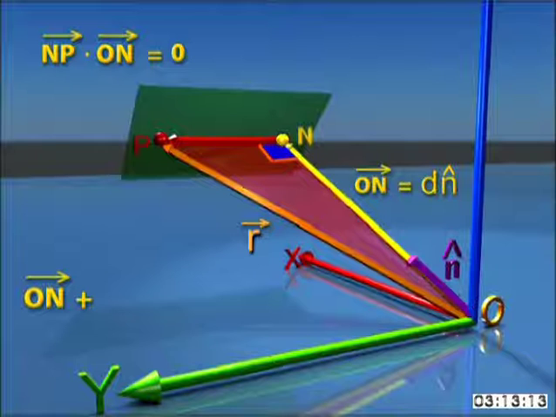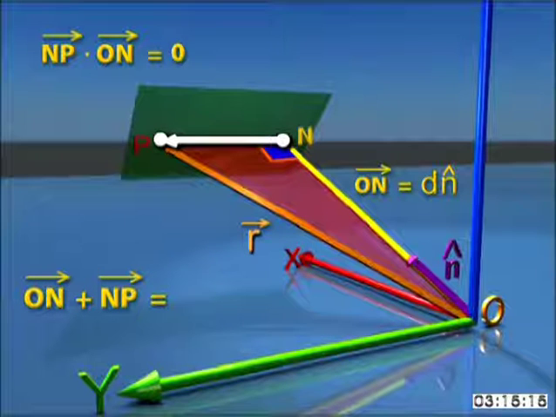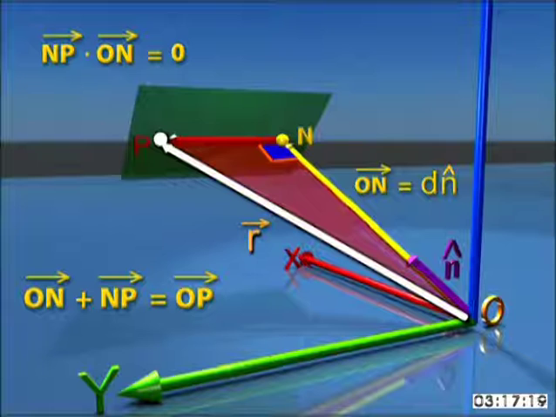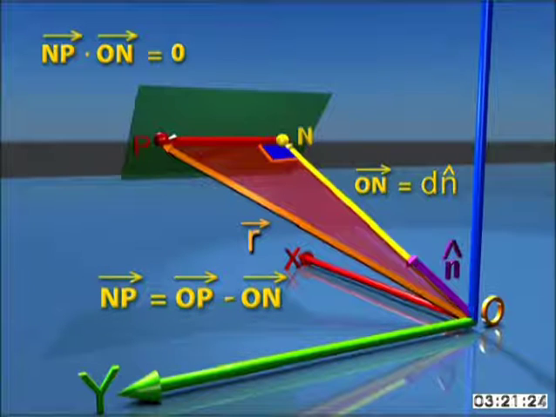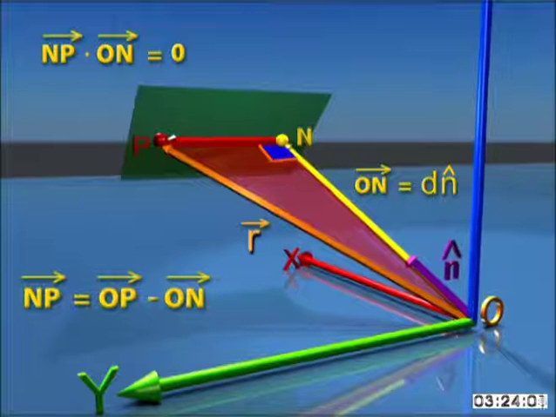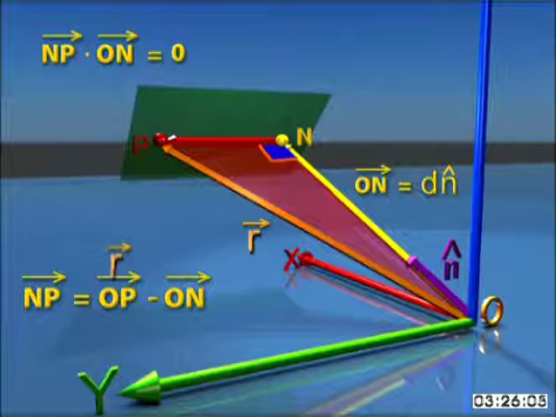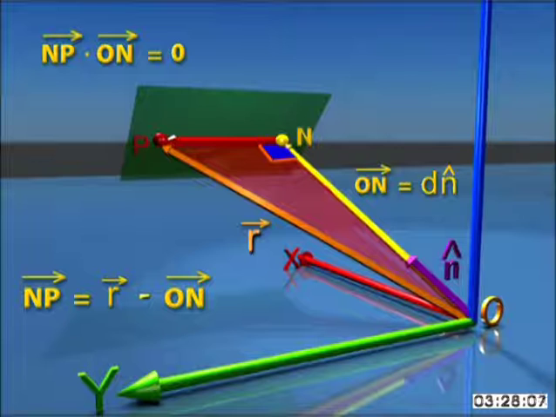Now, from the figure, we see that vector NP is equal to vector OP minus vector ON, which is equal to vector R minus D into unit vector n cap.